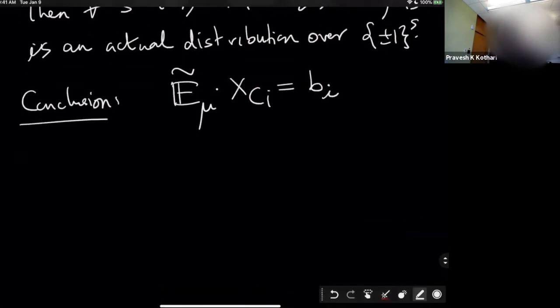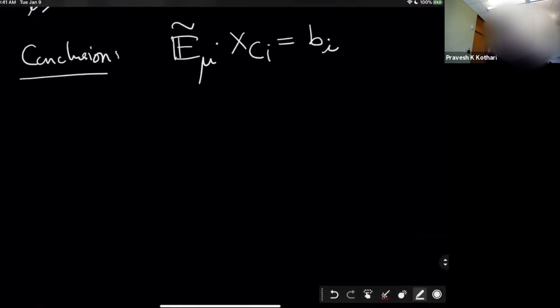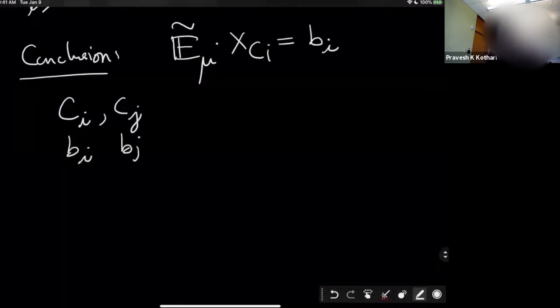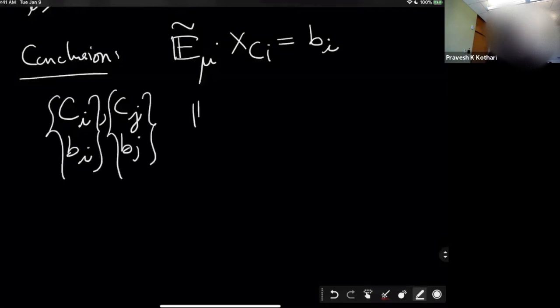Now, let's look at some more interesting monomials. Let's say ci and cj are two constraints, defined by ci bi and cj bj. Let's look at the monomial which is the product of xci and xcj. Can someone tell me what I should set this to?